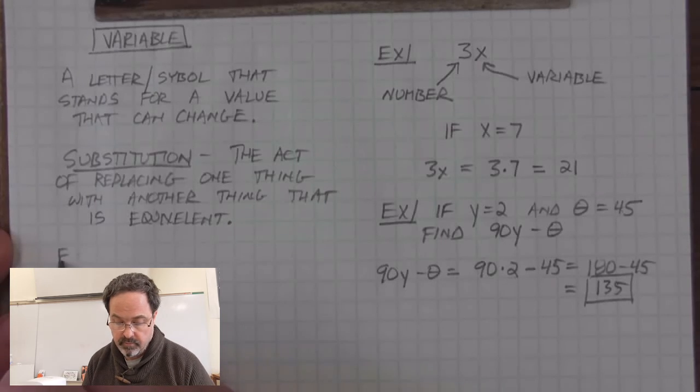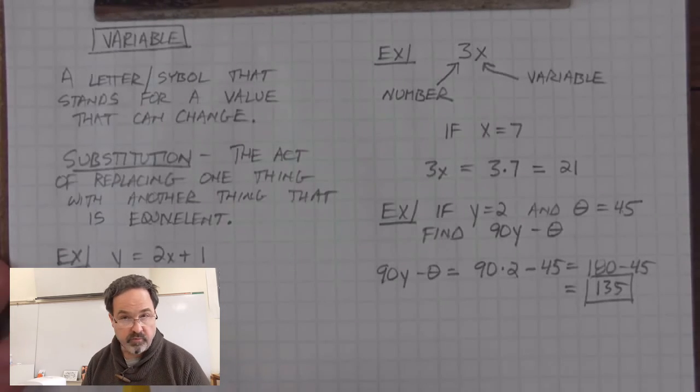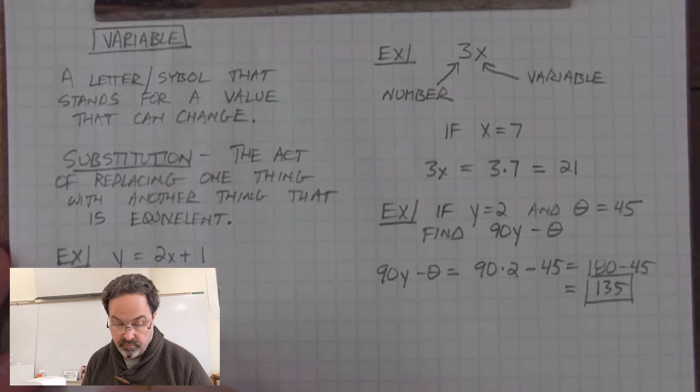One more example. Here we have an equation, y is equal to 2x plus 1. If we had a value, in this case x is equal to 4, then we could substitute 4 in for x, and we get y is equal to 2.